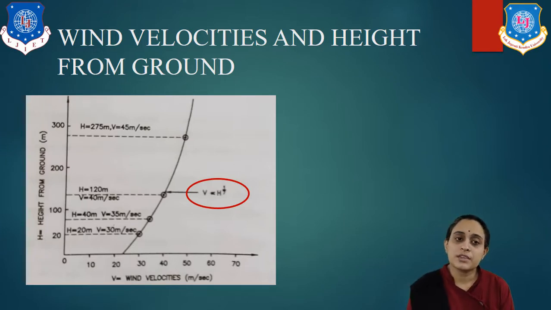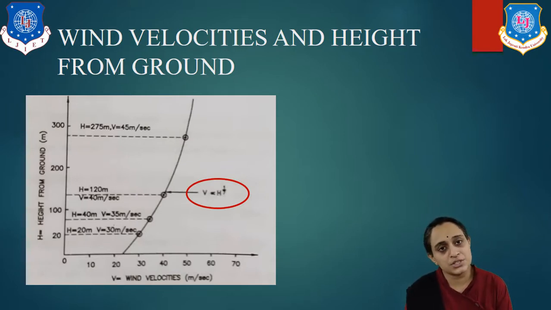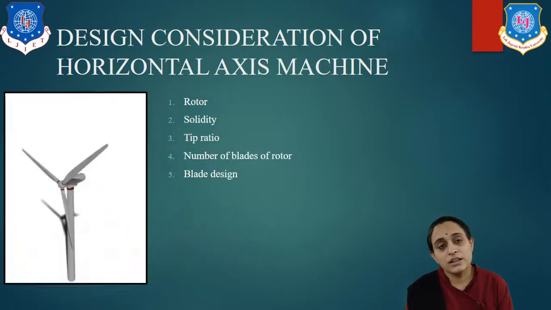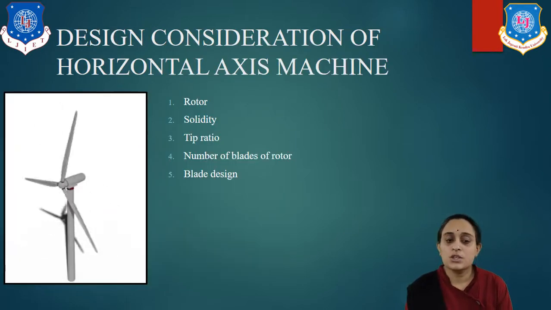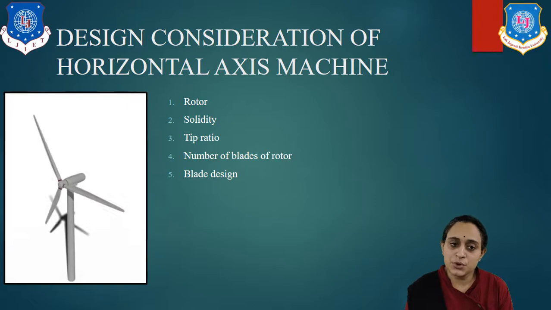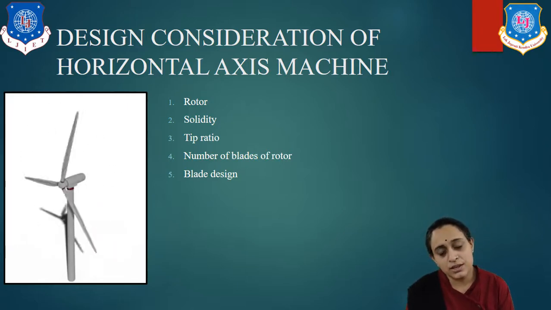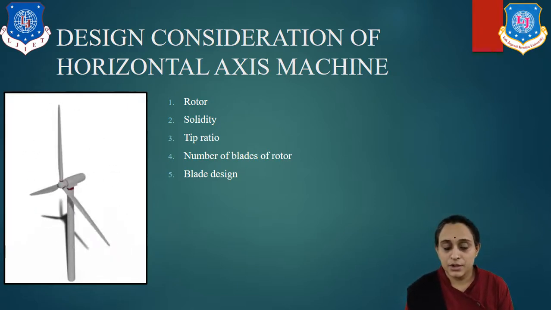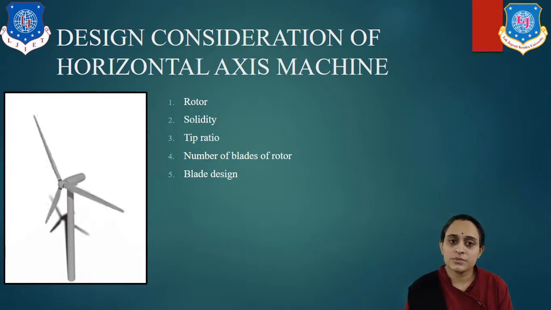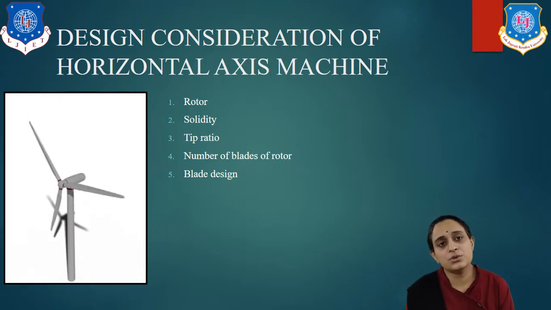Now let us study the design considerations of the horizontal axis machine. The basic components and some basic relations of the main design considerations are: rotor, solidity, tip ratio, number of blades of the rotor, and blade design. Now let us discuss the rotor.